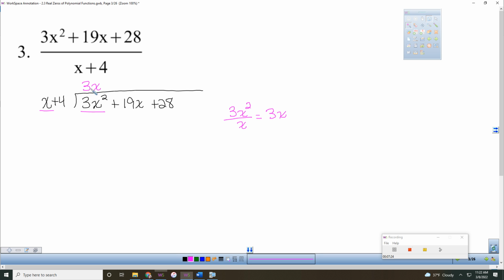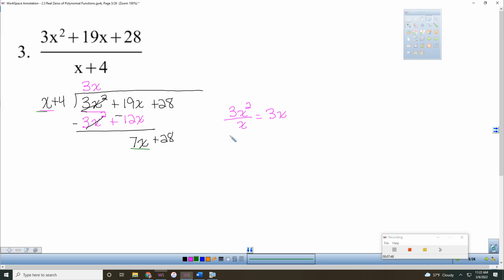And then I multiply. 3x times x is 3x squared. 3x times 4 is 12x, and then I will subtract. So both of these become negative. These cancel. 19 minus 12 gives me 7x, and then I'll drop the next term. And I have nothing else to drop after that, so we'll only have two rounds here.